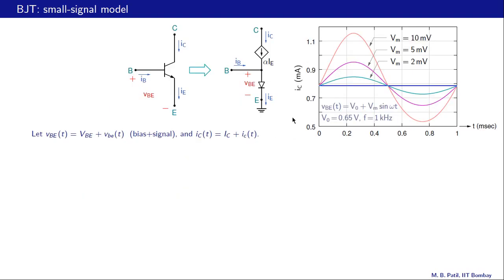Here is the graph again of the collector current versus time, and the base emitter voltage is a constant, which is 0.65 plus Vm sine omega t, and the frequency is 1 kilohertz. And the base collector junction for these calculations was assumed to be under reverse bias.